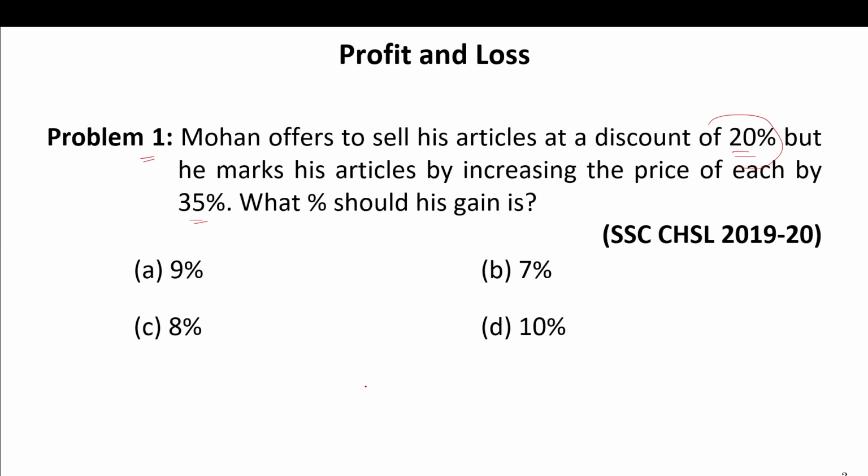So what happens is first he marks up. So this implies the marked price is equal to 1.25x if x is equal to CP, that is the cost price, right? So what he wants to give is 20% discount.